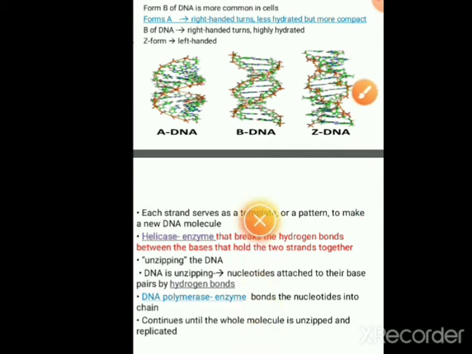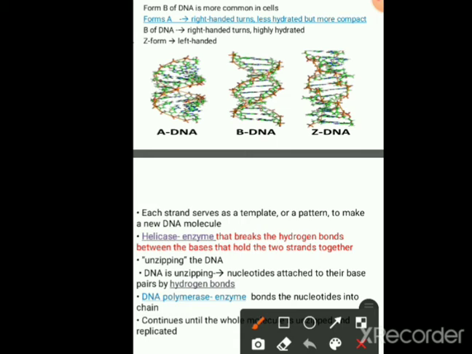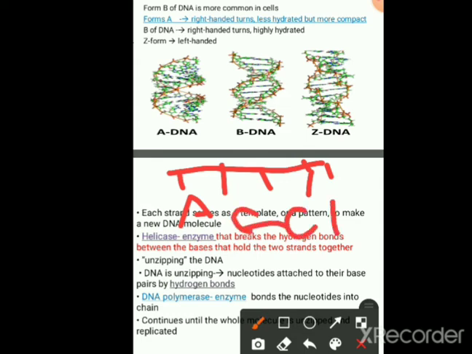The next point is that each strand serves as a template. By template, we mean a strand like this. This strand contains some bases on it, like adenine, guanine, cytosine, and thymine.